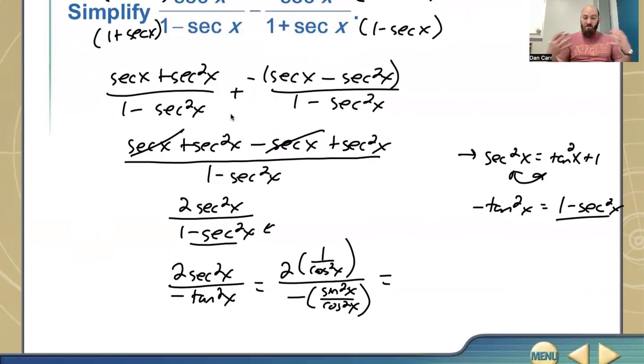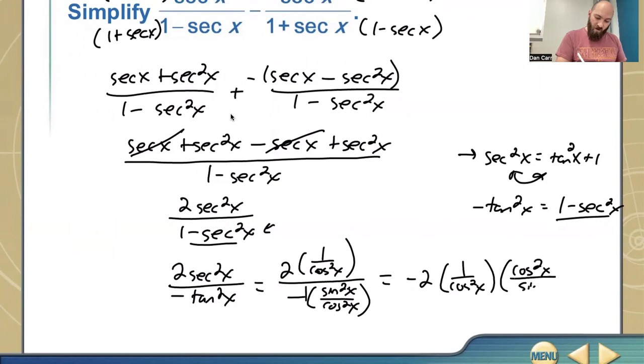So from there, since I'm dividing by a fraction, that's going to be the same as taking 2 divided by basically a negative 1 here. It'll be a negative 2 times 1 over cosine squared x times the reciprocal of sine squared over cosine squared. So it's going to be cosine squared x over sine squared x here. So we're multiplying fractions. These cancel each other out. I end up with negative 2 over the sine squared of x.